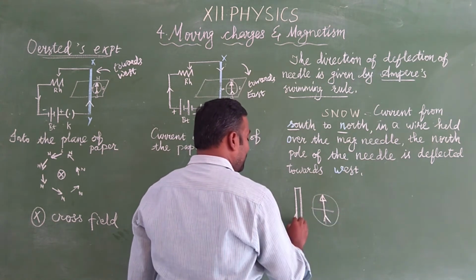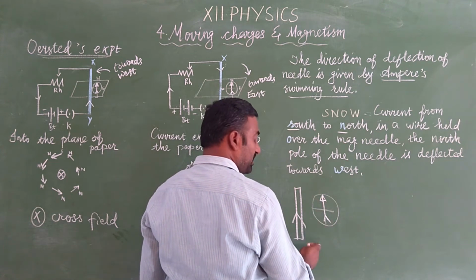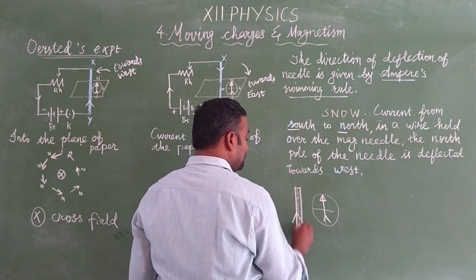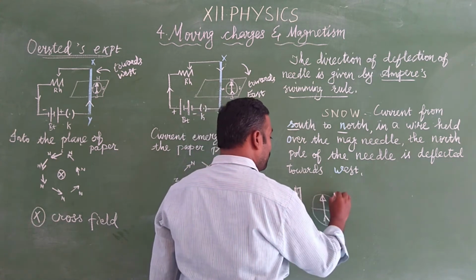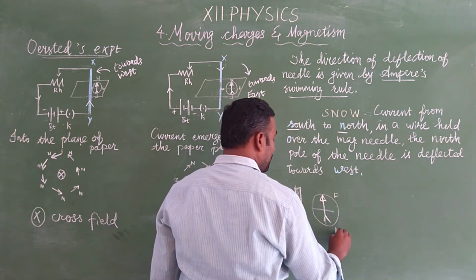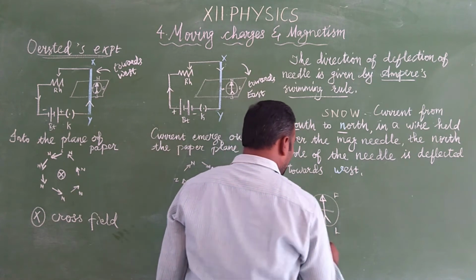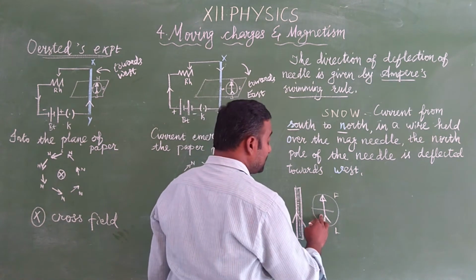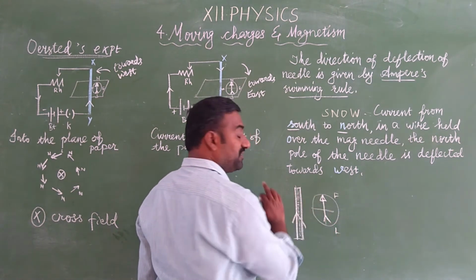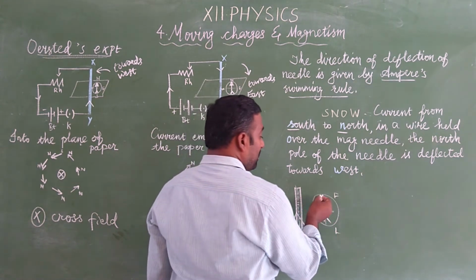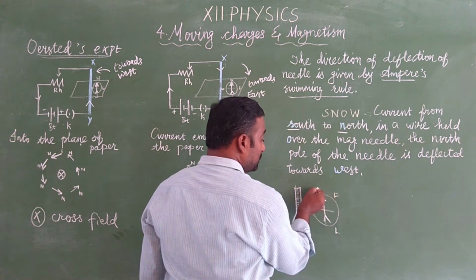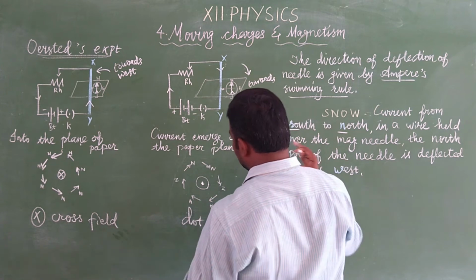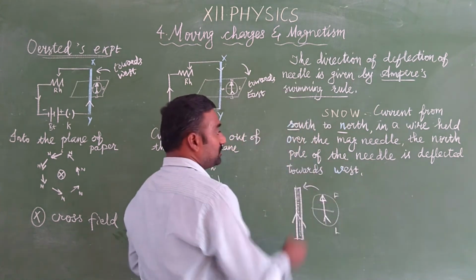Suppose a person swims parallel to the direction of the current. This is the current direction; this is his face, this is his leg. Imagine the current entering from his leg and coming out from his face. Then his face is turned towards his left hand side. So that is the meaning.